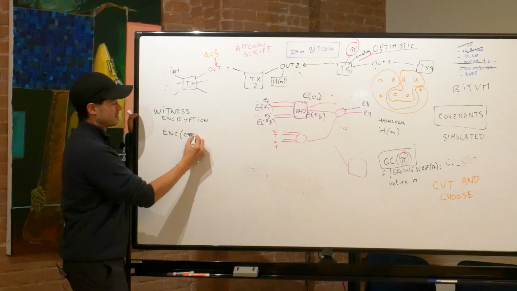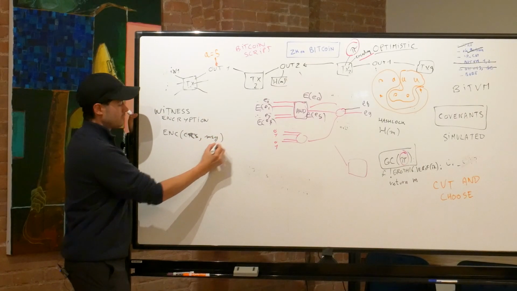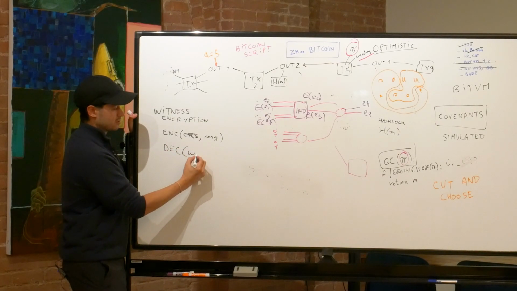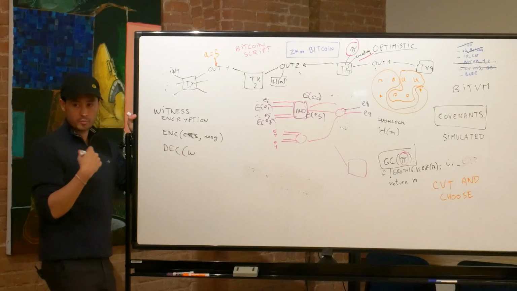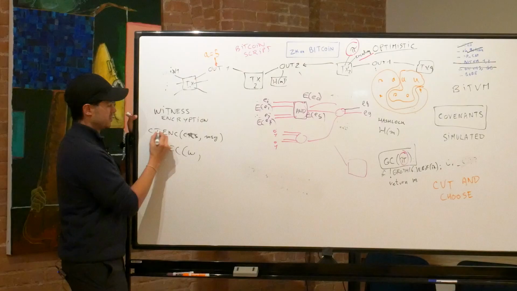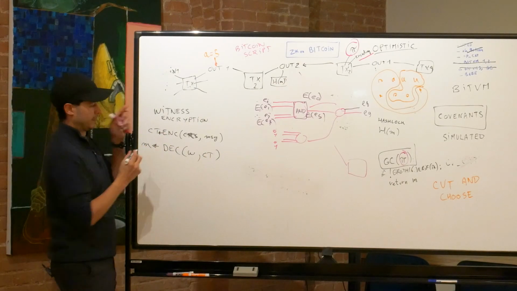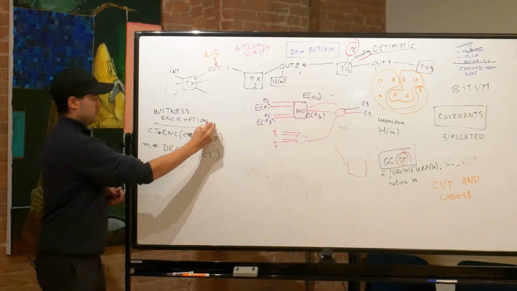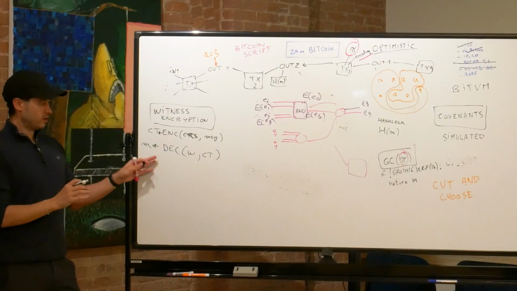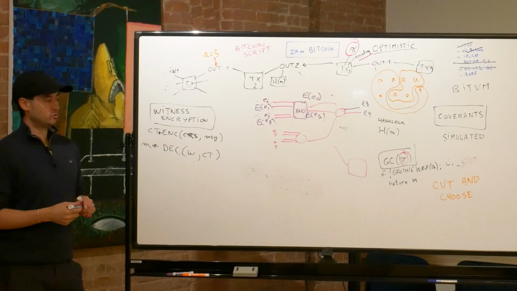You encrypt a message, and whoever has a witness for that CRS, whoever can produce a proof because they know a witness, can decrypt that ciphertext to get back the message. Nothing crazy. You can just encrypt to a circuit, and whoever knows a witness to the circuit can decrypt the message.